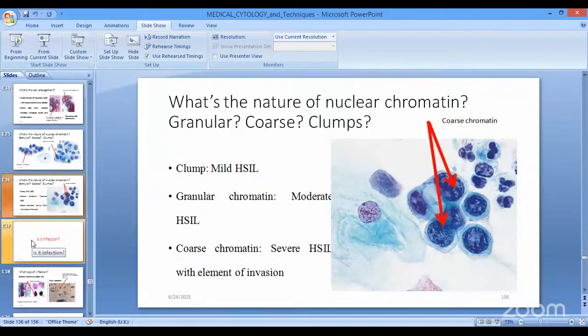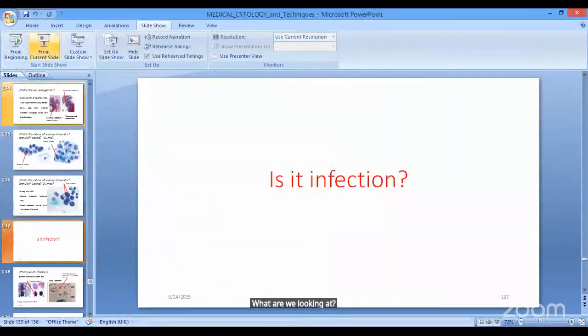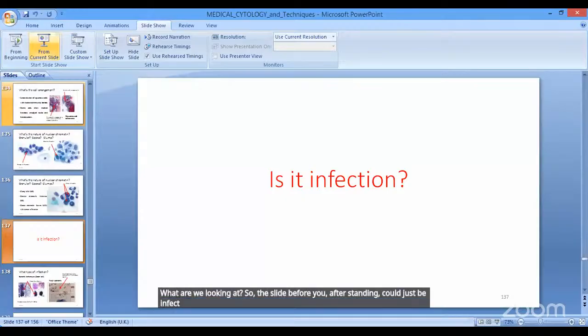Now, being done with the reporting of either benign or malignant, let's look at, if those situations don't exist, is it infection? If it is infection, what are we looking at? The slide before you after staining could just be infectious cases.